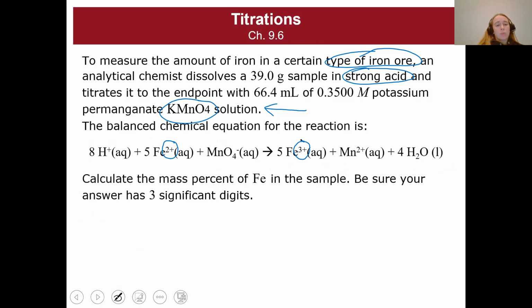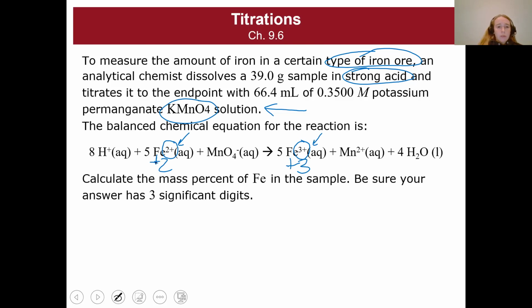The oxidation number of iron went from +2, because a monoatomic ion with its charge has the oxidation number of that charge, and it's becoming a 3 plus ion, so its oxidation number is changing to +3. So this is a redox reaction because we are seeing a change in oxidation numbers.